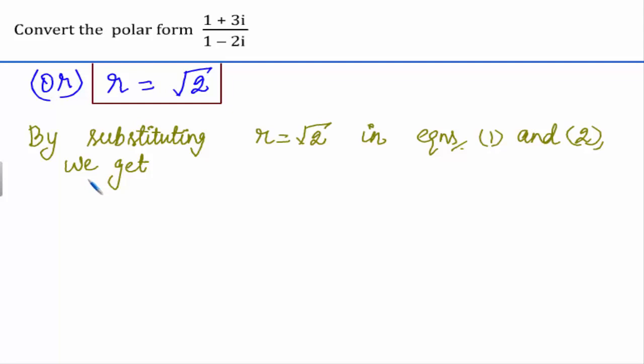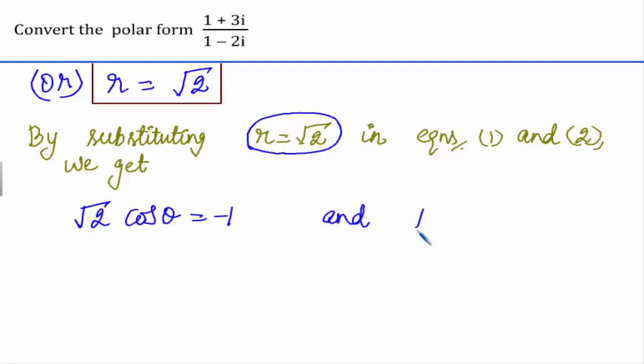By substituting the value of r in equations 1 and 2, we get root 2 cos theta is equal to minus 1 and root 2 sin theta is equal to 1.